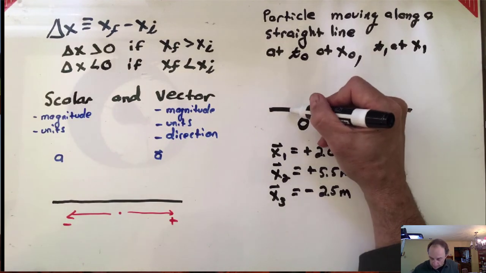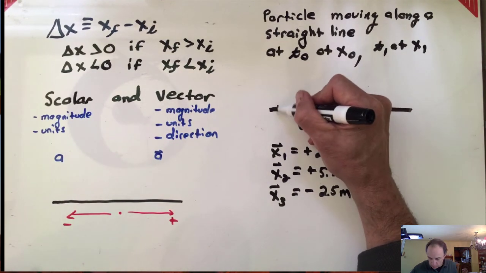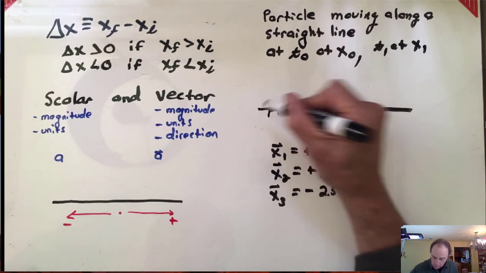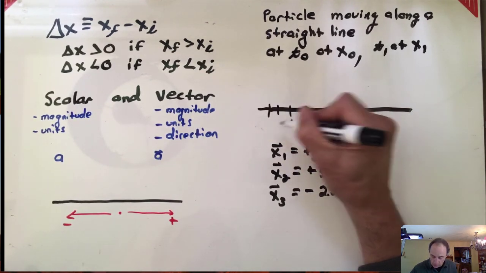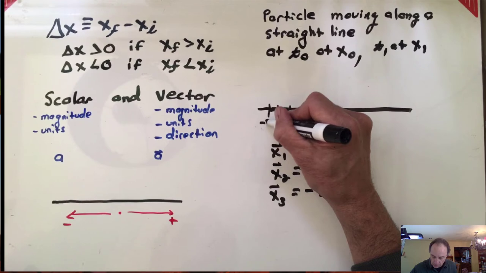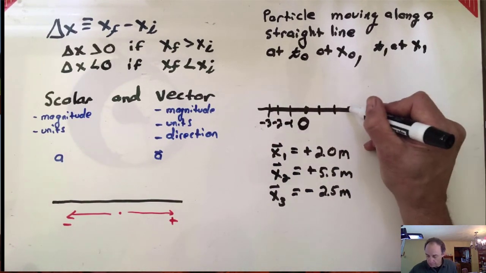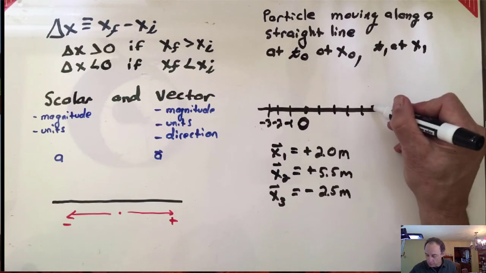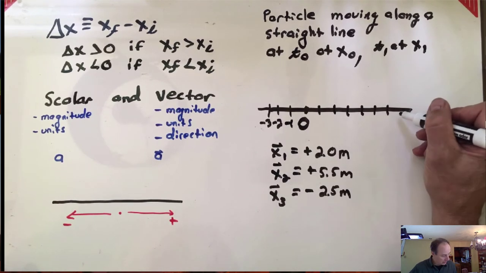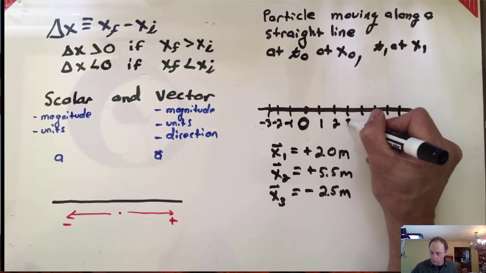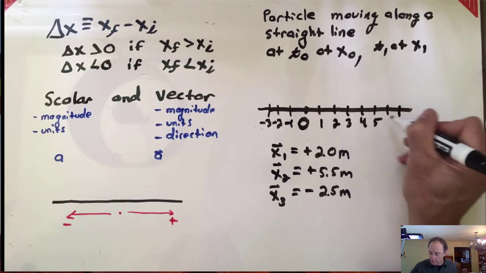Okay, so I'm going to make 1, 2, 3. So minus 1, minus 2, minus 3. In the other direction, 1, 2, 3, 4, 5, 6, 7.